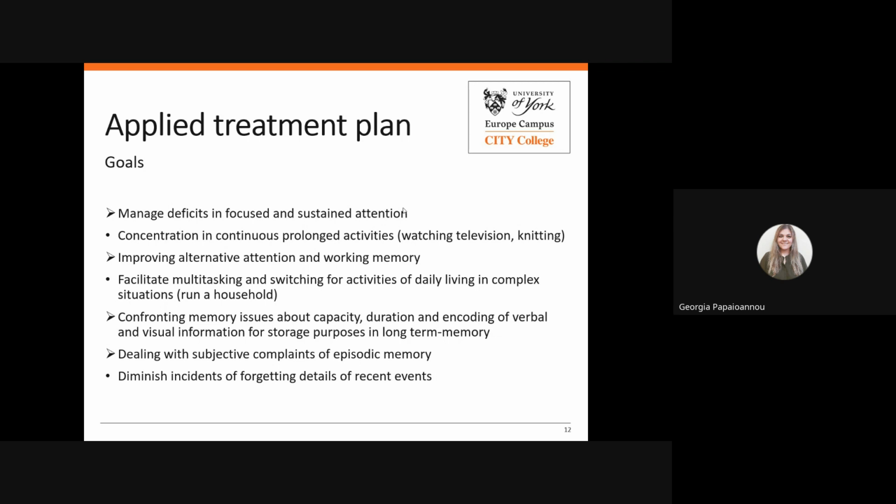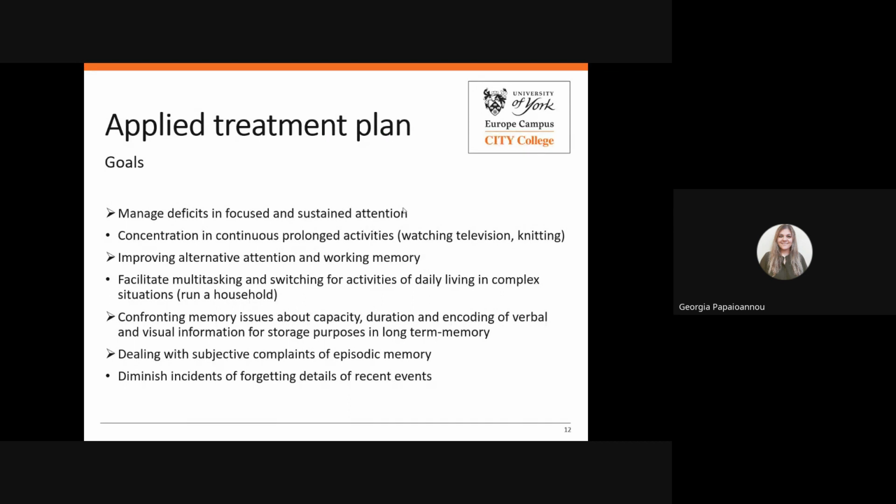To confront, of course, any memory issues that have to do with the capacity of information, the duration that she can hold this information, and encoding and storing in long-term memory, either visual or verbal information. And it is also really good and motivating for the patient if we can address one of their own subjective complaints.